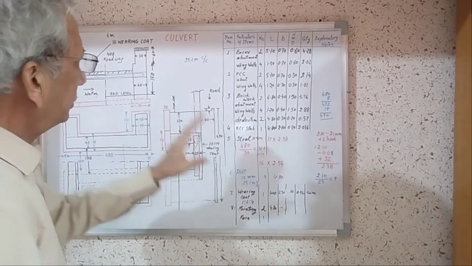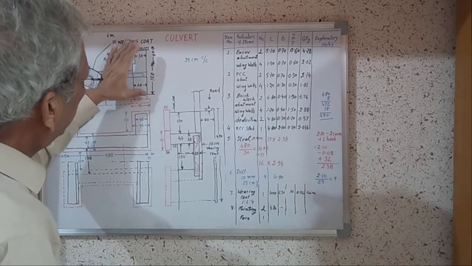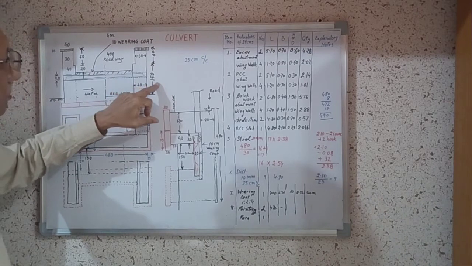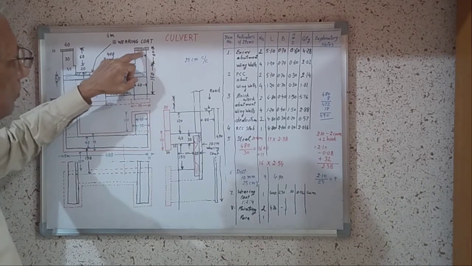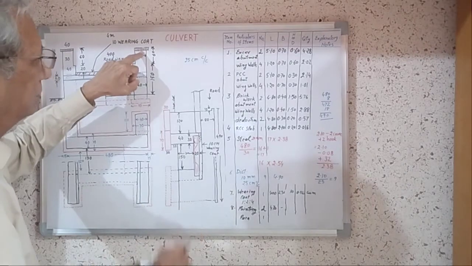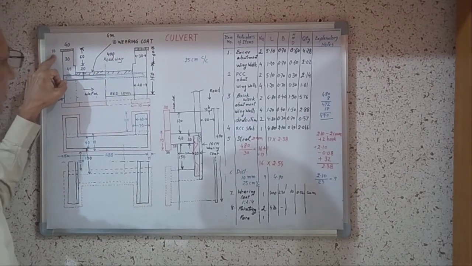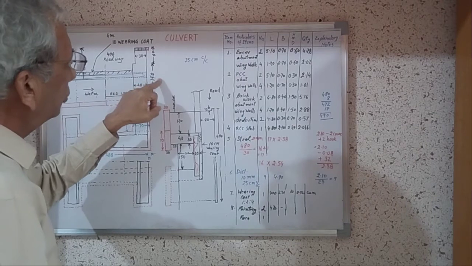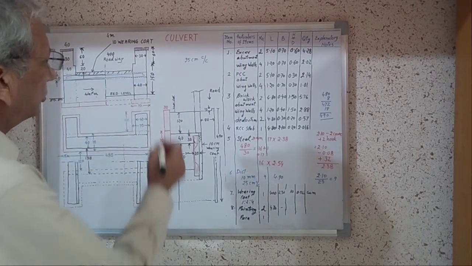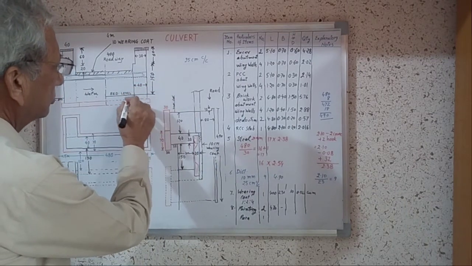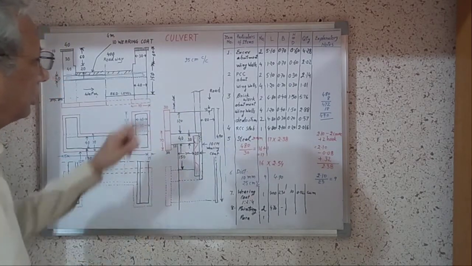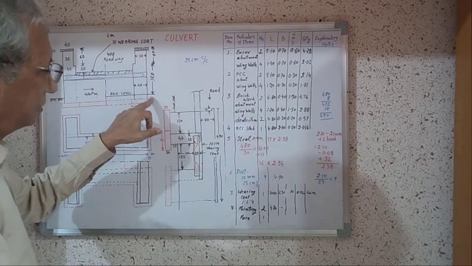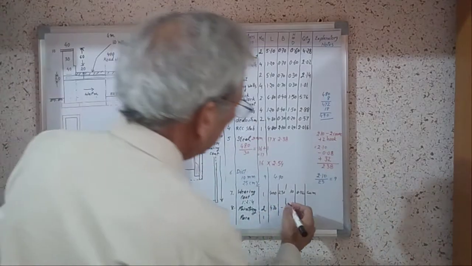Height will be this 150 plus 60, 210. But on the coping we will not do the pointing. Therefore subtract 10. It will be 2 meter. But we will do 10 centimeter below the ground level. Therefore 2 meter plus 10 centimeter, it will be 210.